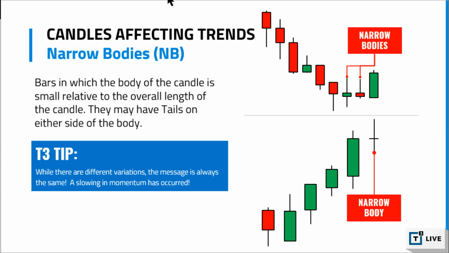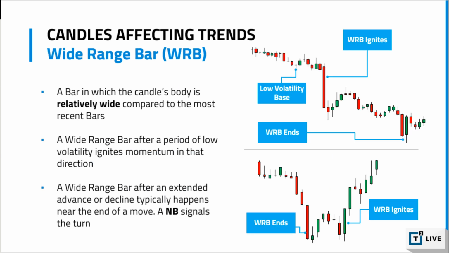I told you to think of them as a U-turn. When a car is trying to make a U-turn, it has to slow down a little bit to make the turn. But there's narrow body bars and there's narrow range bars. Narrow body are the ones with the small body and the wide or normal range, which means it has topping or bottoming tails.